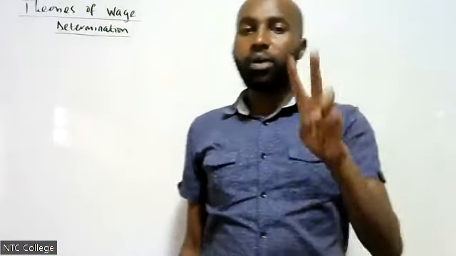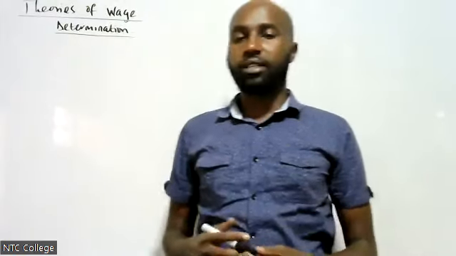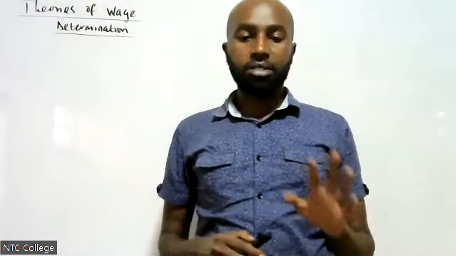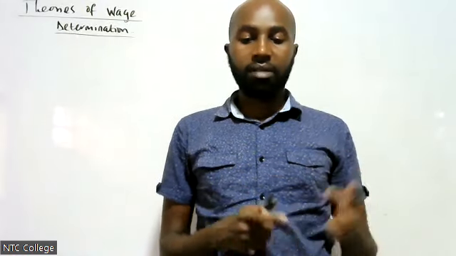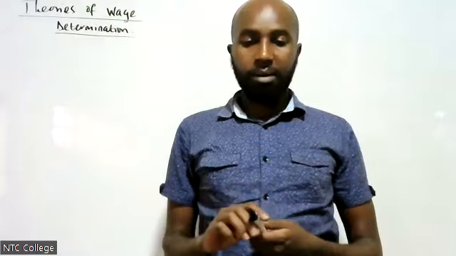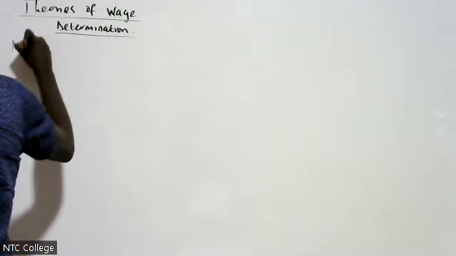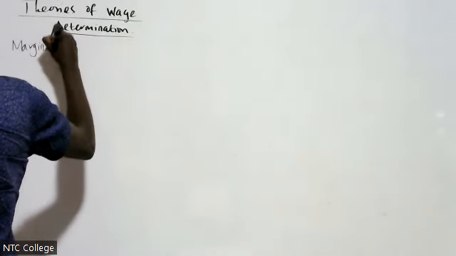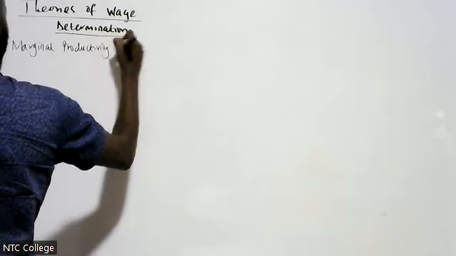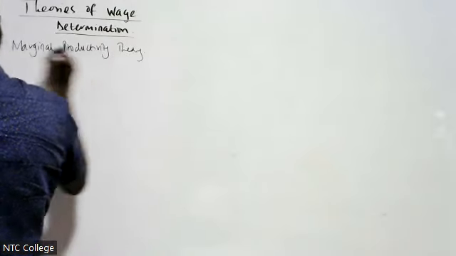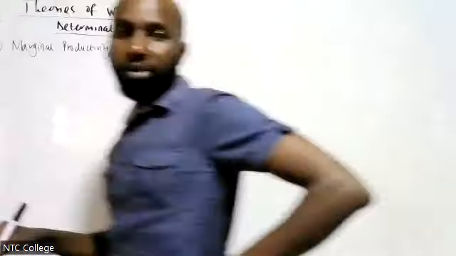We have two main ways of determining wages, in a very general sense. The first one, which I looked at last time, is known as the marginal productivity theory of wage determination.